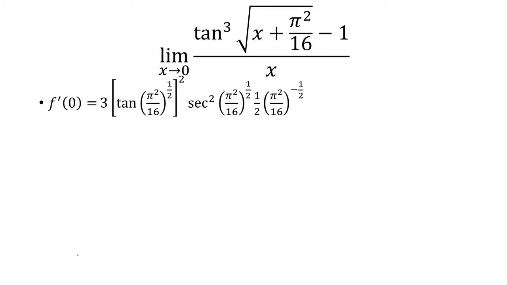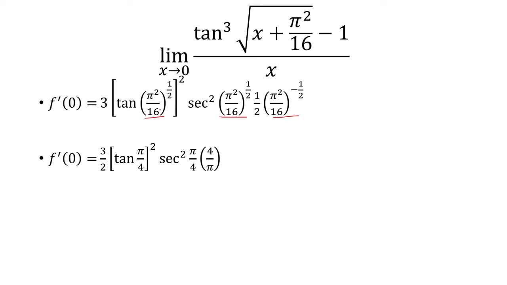Okay, next we're going to simplify this further. Notice that I have 3 of these. Basically 3 of them. Pi squared over 16 to the 1/2 power. That's just the square root of pi squared over 16, which is pi over 4. But here there's a negative. So when there's a negative, you flip it. It becomes 4 over pi.